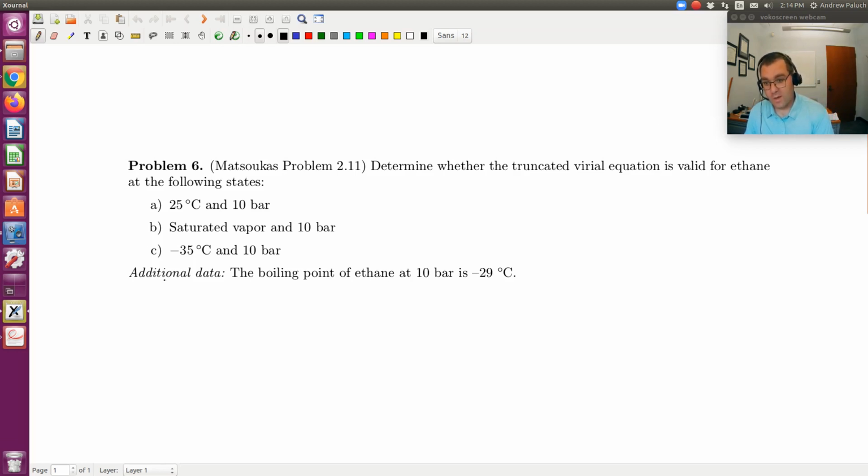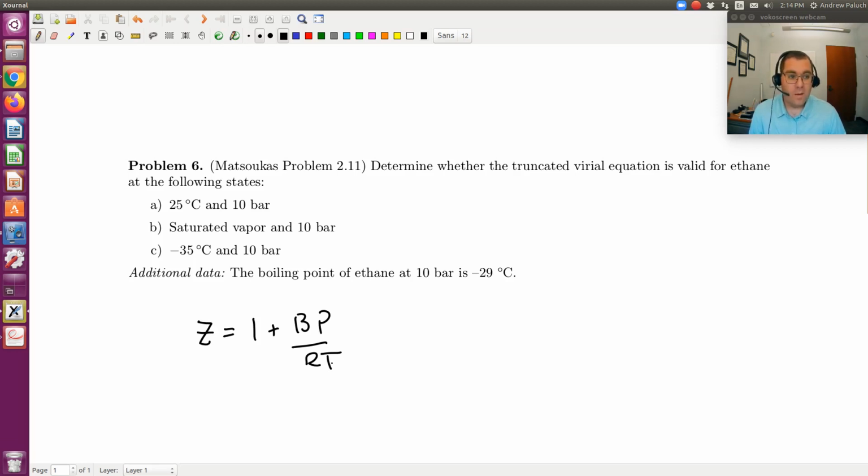The general idea again is that in the text, the truncated Virial equation is interpreted as the Virial equation truncated after the second term, so inclusion of the second Virial coefficient. You could think of this as a Taylor series expansion about your ideal gas limit, truncated after the first term.